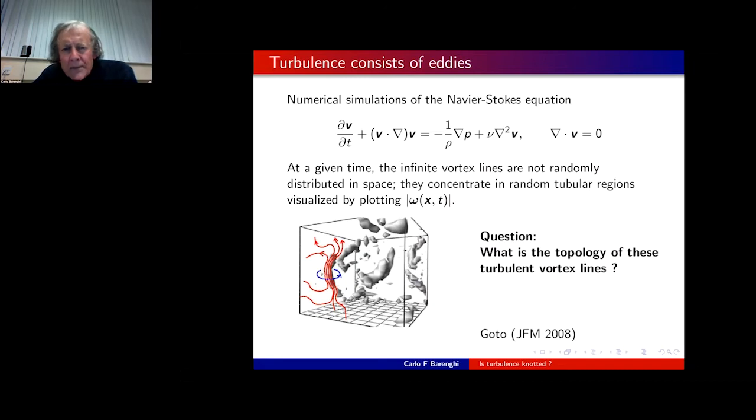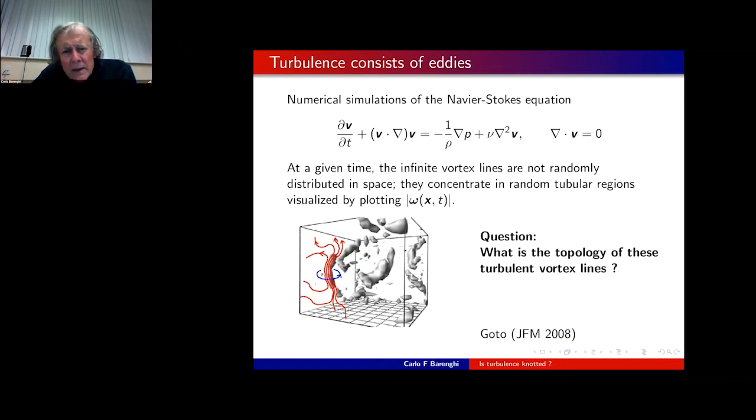If we take a box where we do our computation, or we measure the flow, we find that these vortex lines, the curl of the velocity, are actually infinite, of course, and they fill the entire space. We can plot some for the sake of illustration, but we keep in mind that it is a continuum. But in reality, turbulence is not a uniform random mass. It contains structures. It is actually more than chaos.